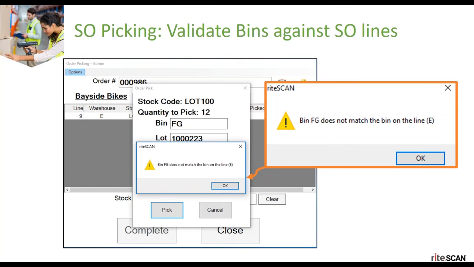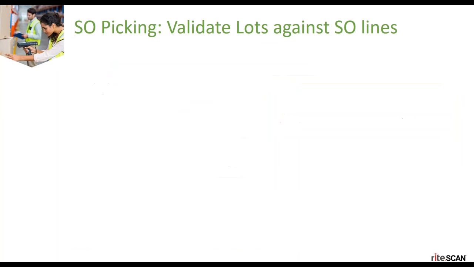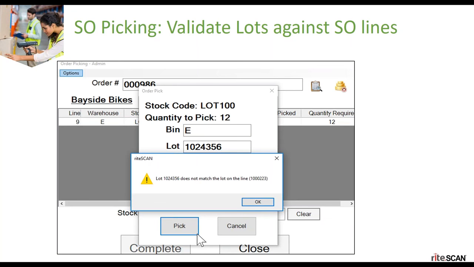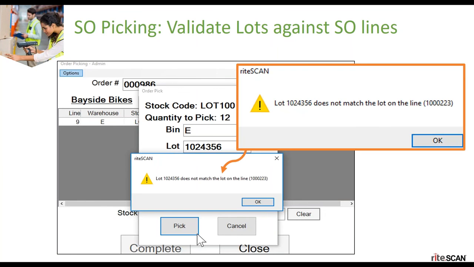I apologize about that. The next error that an operator may see is on assigning the correct lot numbers that are being shipped out. That goes for lot numbers as well as serial numbers that the operator is picking. If it doesn't match what is assigned on the sales order line, riteSCAN is going to display an error message to prevent the operator from picking the incorrect lot number.